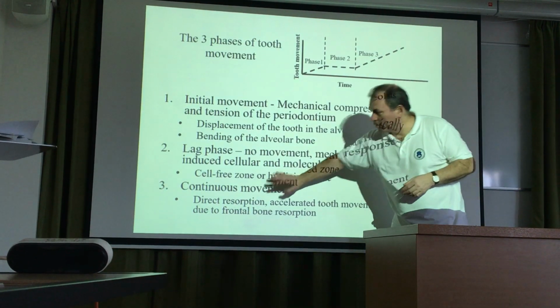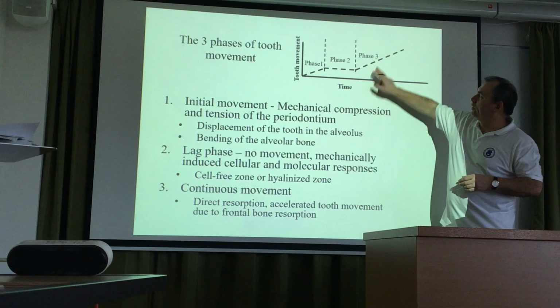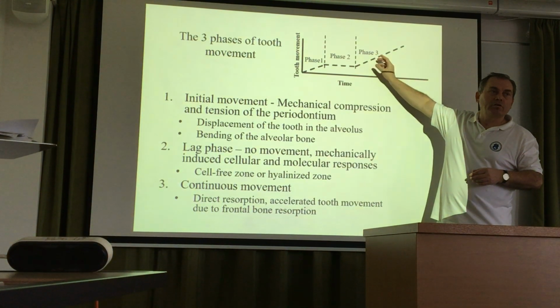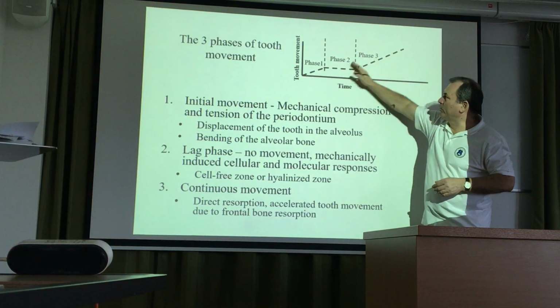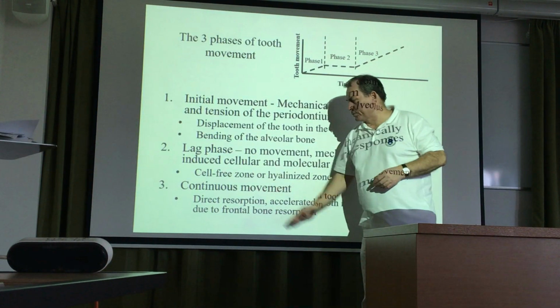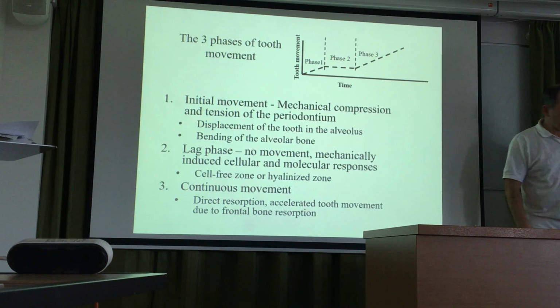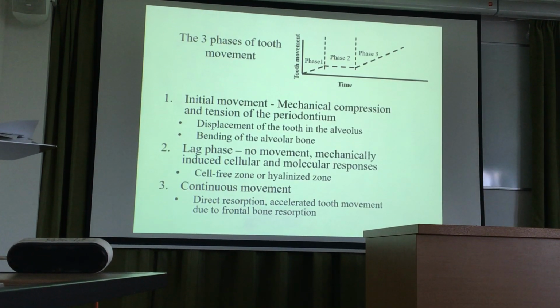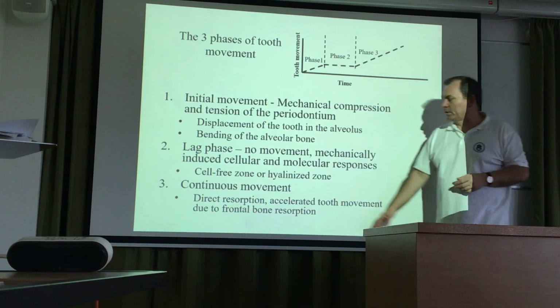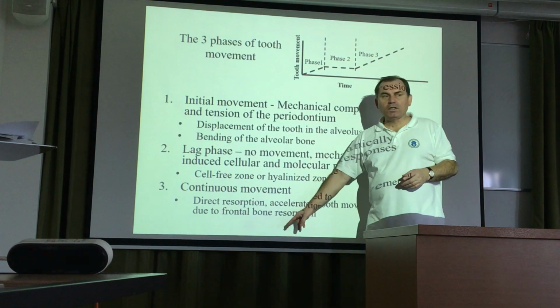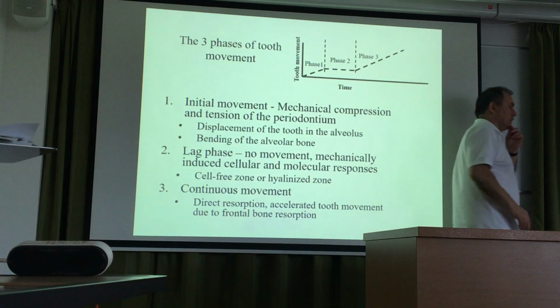And the most important phase, and this is why we apply orthodontic appliances, is phase 3, or the continuous movement phase. Okay? Here it is very important that continuous tooth movement is occurring with frontal bone resorption.